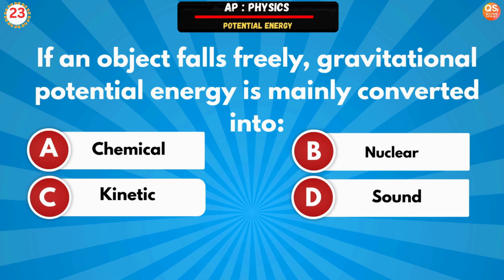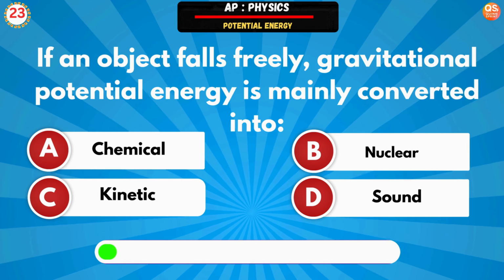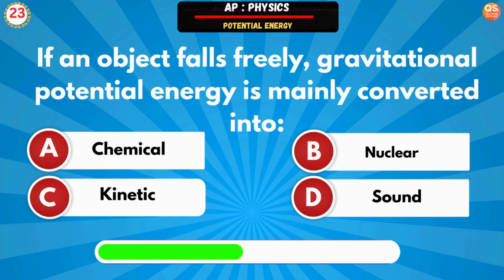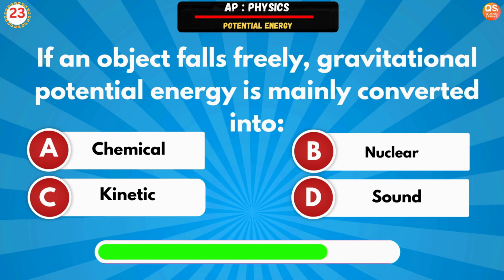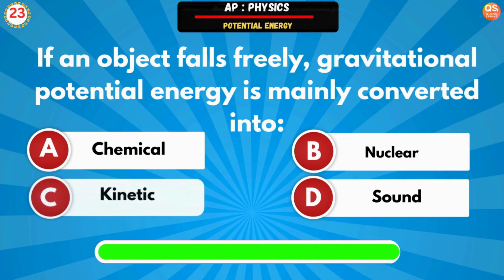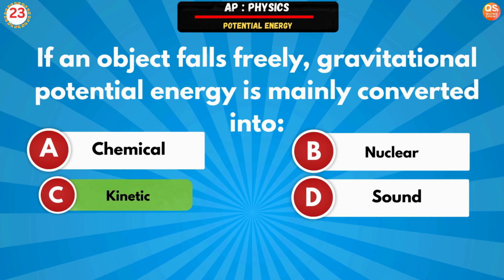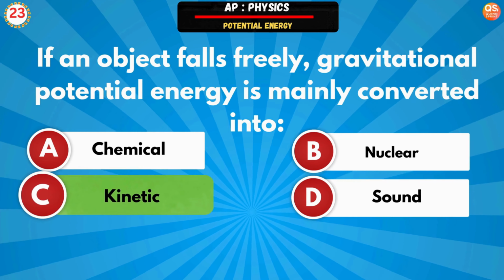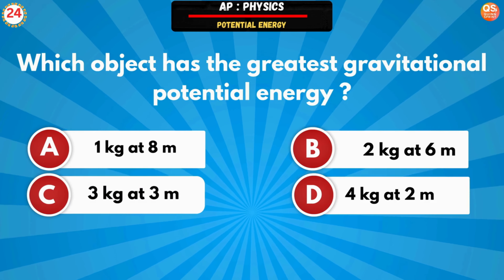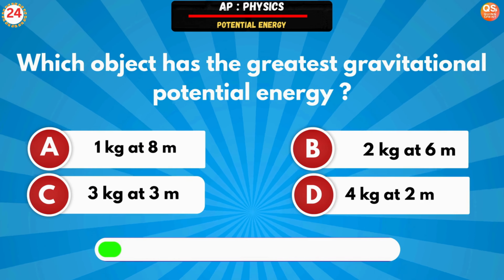If an object falls freely, gravitational potential energy is mainly converted into kinetic. Which object has the greatest gravitational potential energy?